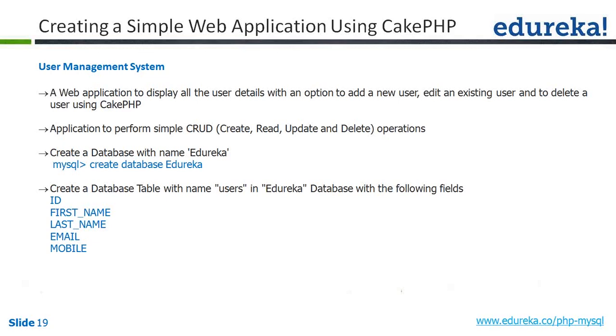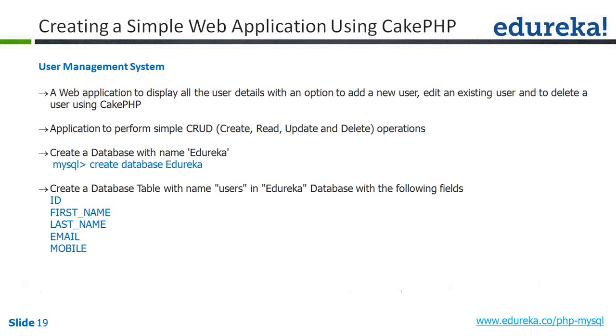How to? We want to design our application so that on the home page, our website home page, we get all the user details in a tabular manner with an option to edit and delete each employee, each user, and also to add a new user. Listen carefully.